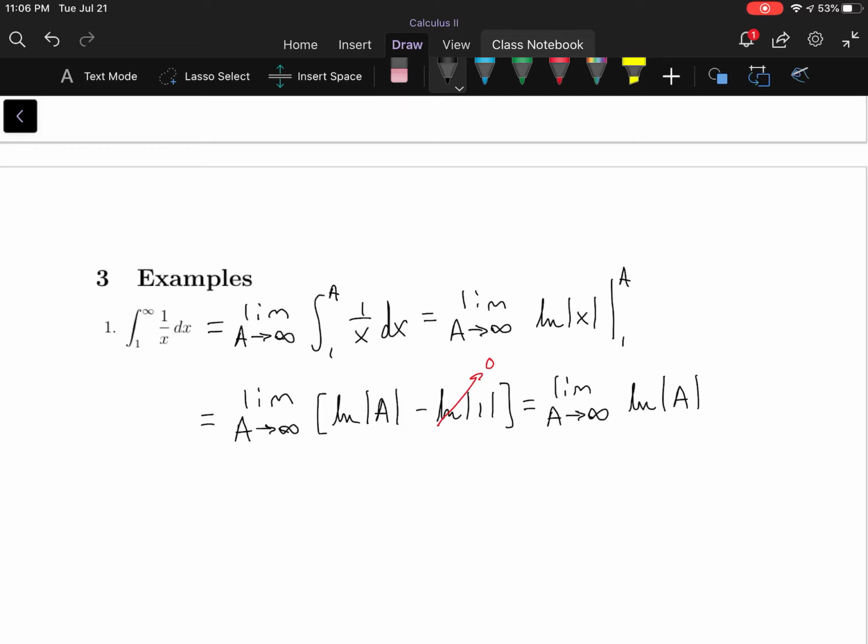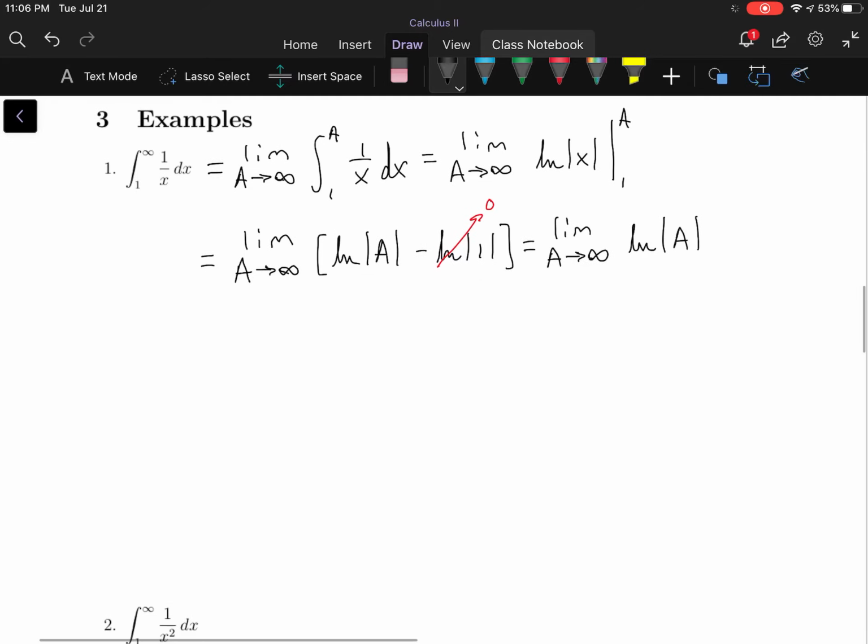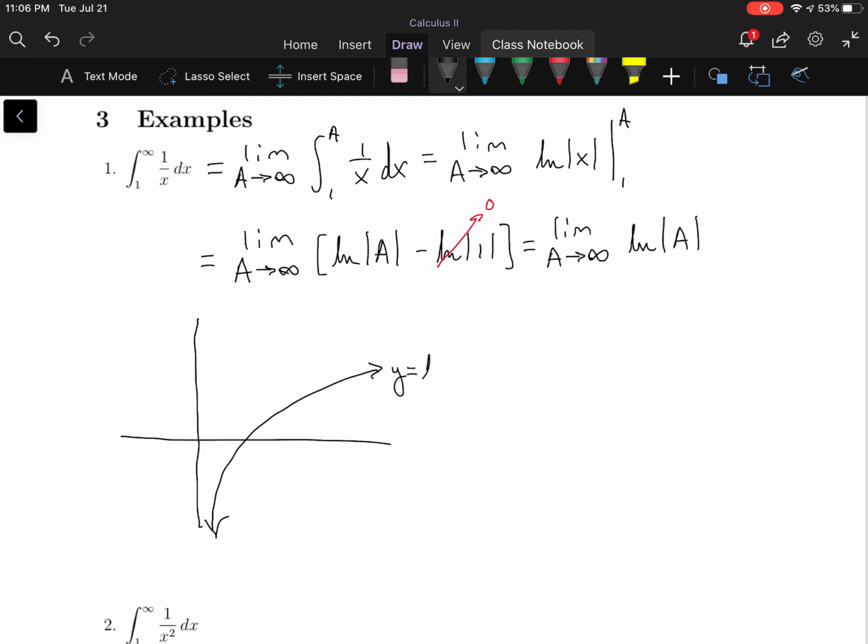Now, a natural log function, if you don't happen to have its curve memorized, looks like this. And so this is y equals the natural log of x.